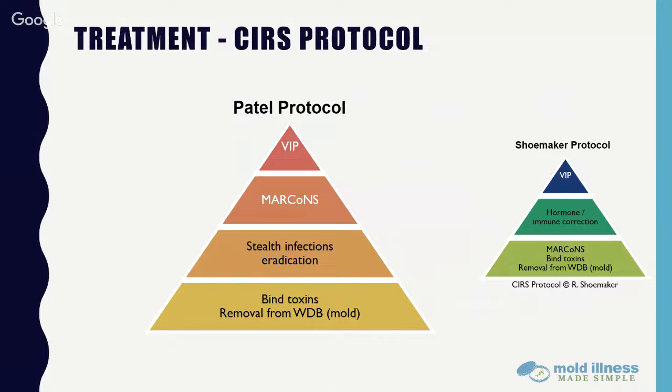And so we've called it the Patel protocol here, where you've got a slightly different order, where you're focusing on removing from water damaged buildings, using some binders, and then moving up to stealth infection eradication, MARCoNS, and VIP.